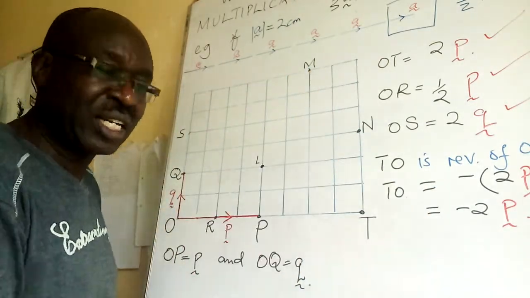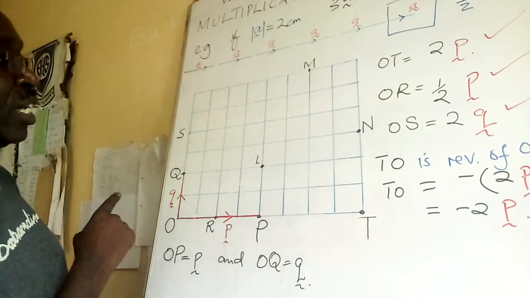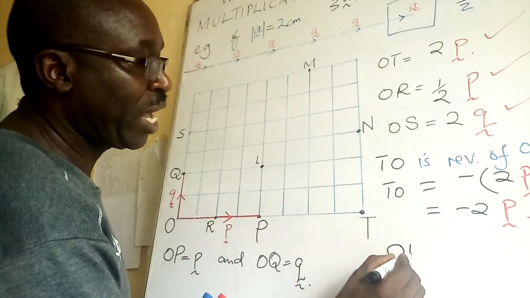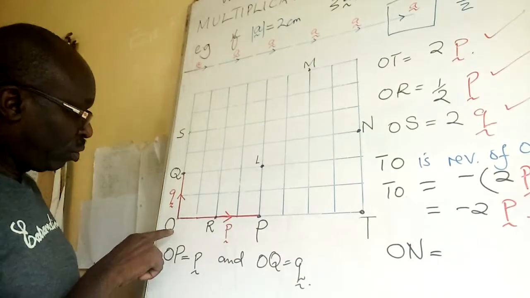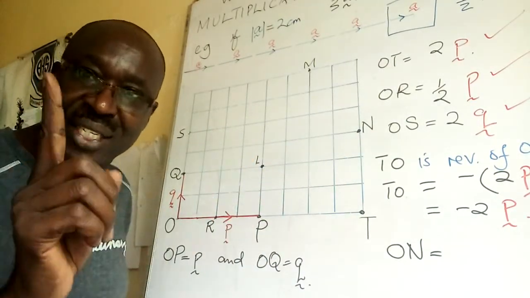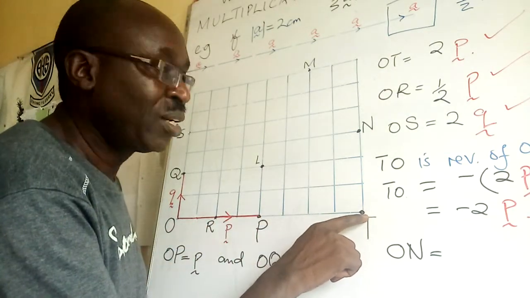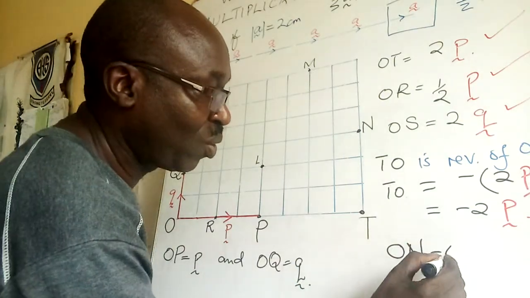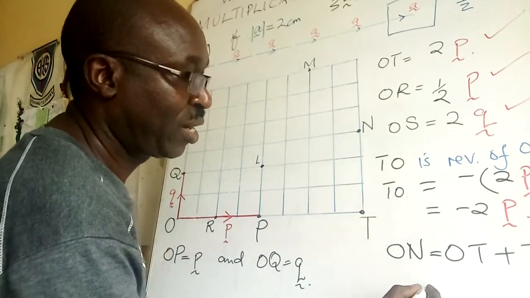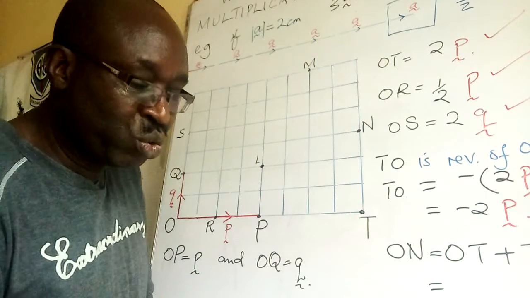Now let us get some space here for writing. I want still to get, let me get N. Suppose I want to get ON. From O, I want to get to N. See, from O, I'll go to T. From T, I go to N. O to T, and then T to N. Now from O to T, we got 2P.